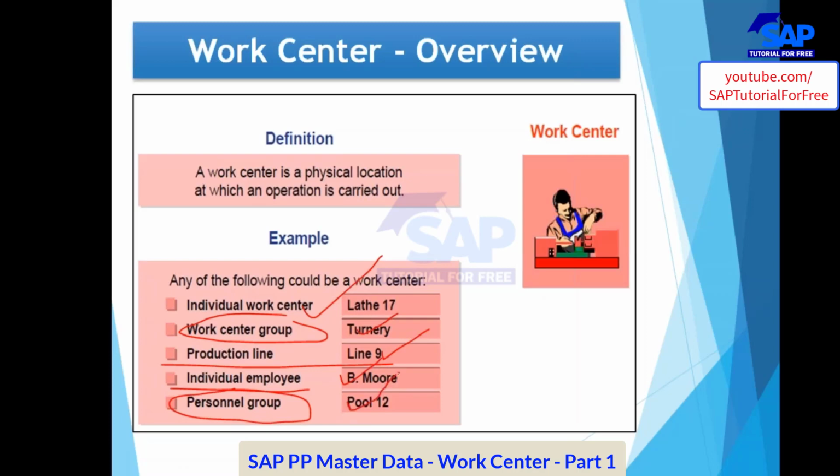That depends upon the business requirement. Basically, a work center is a place or location where you carry out your production activity. In simple terminology, a machine can be termed a work center.